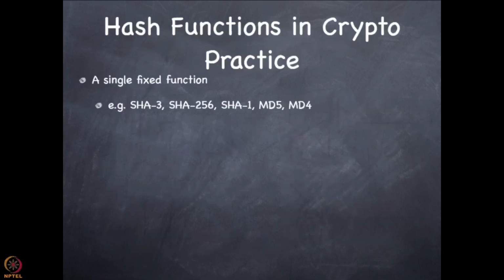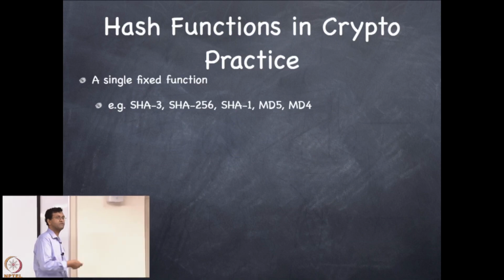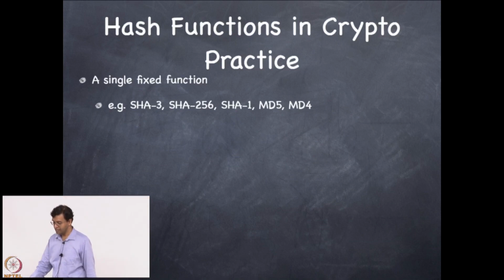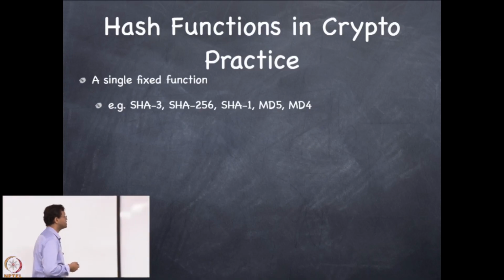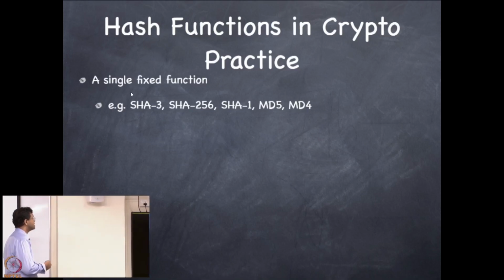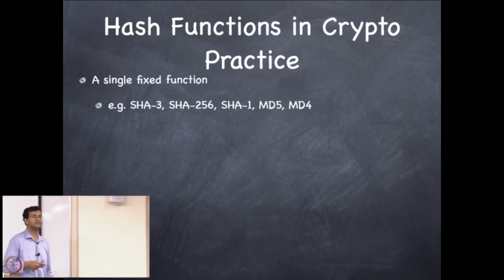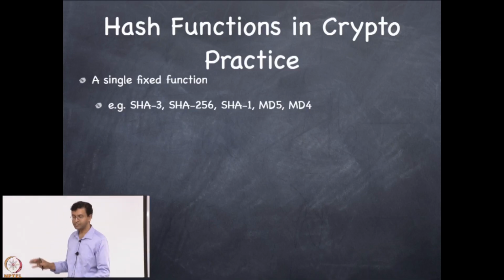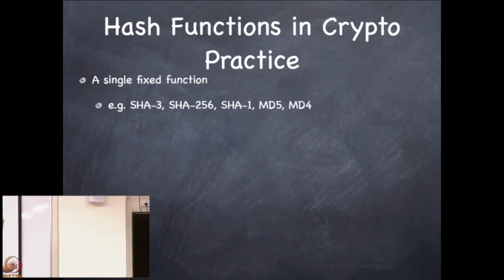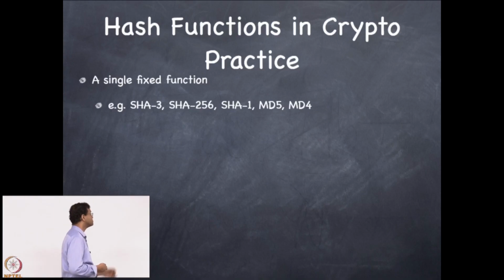Before I go on and show you the formal definitions of various forms of collision resistance, this is not quite how it's used in practice. In practice, there are fixed functions, and these are some of the things you would use. SHA-3 and SHA-256 are standards that are still standing. The other ones are essentially all broken. They are not collision resistant, or not collision resistant in certain senses.